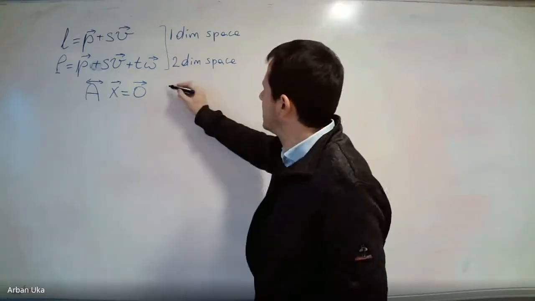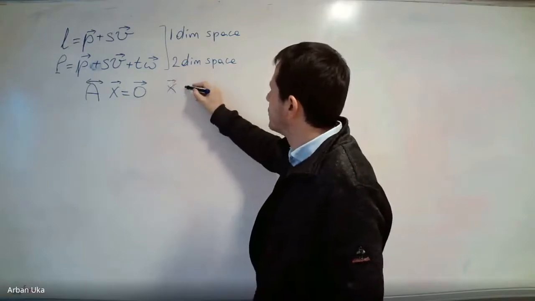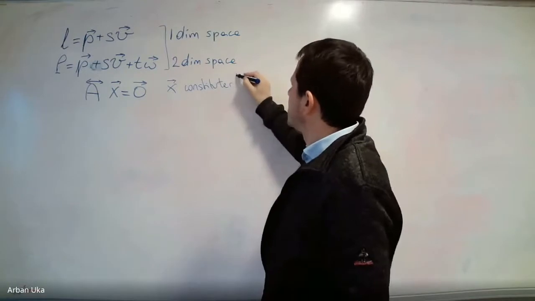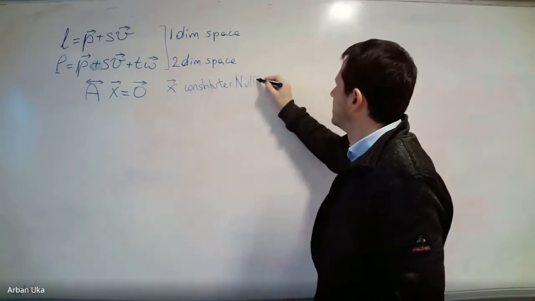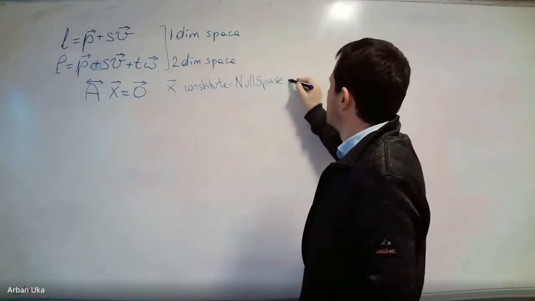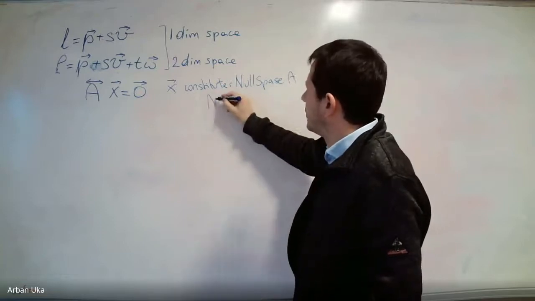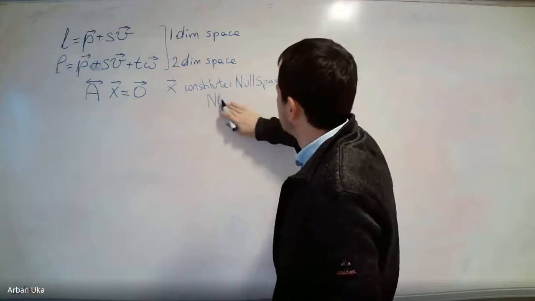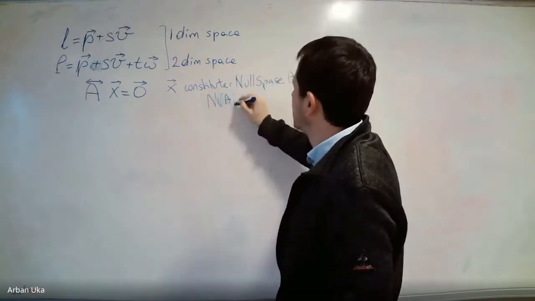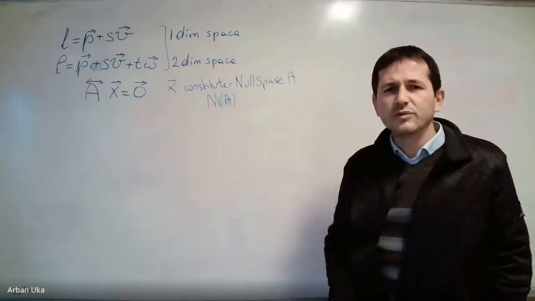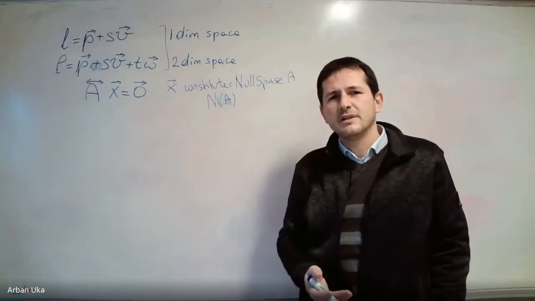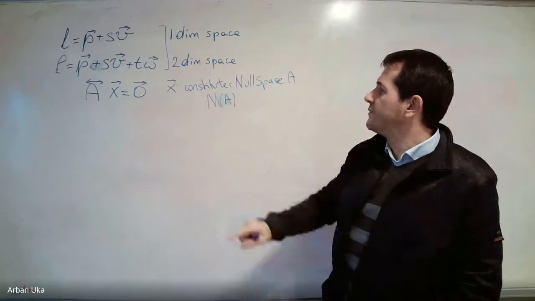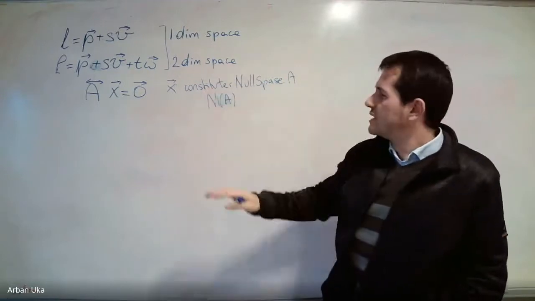And the solution here, this x, constitutes the null space of A. We can denote it N(A). So now when you hear the null space of A, don't be afraid. Null space is in fact the equation of a line, or it is the equation of a plane.